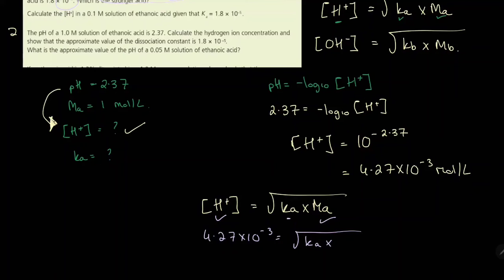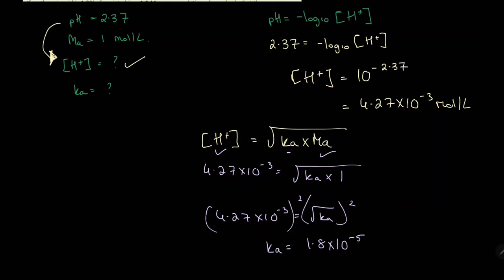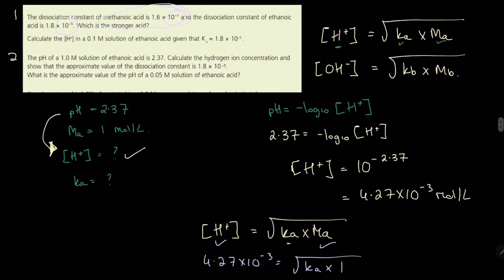And the molarity of the acid is 1. So 4.27 by 10 to the minus 3 equals the square root of Ka. If you square both sides, you're going to get the value of Ka to be 1.8 by 10 to the minus 5, which is what we have in our question.